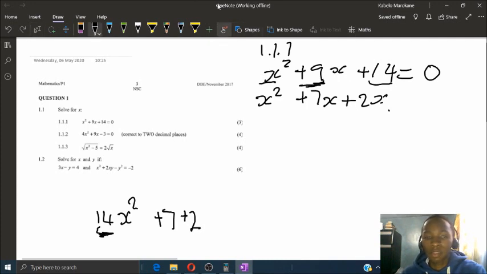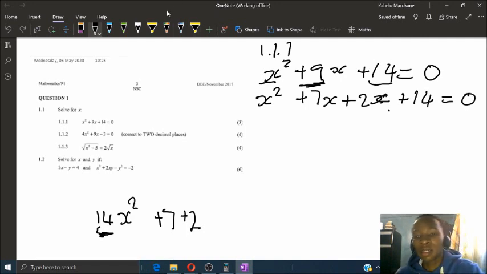So 7x plus 2x plus 14 equals 0. So I have essentially rewritten this equation in terms of 7x plus 2x, replacing 9x.